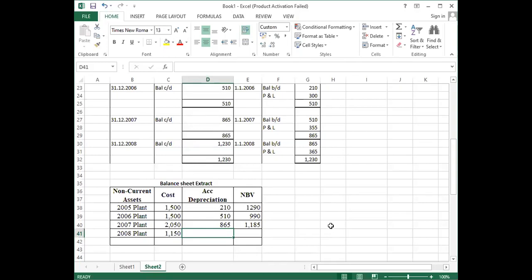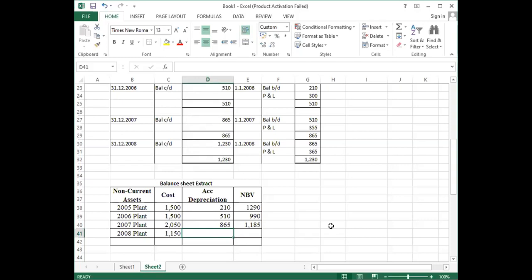Remember, we have disposed a machine. And whatever you are giving us is the accumulated depreciation for all the machines. There is a machine that we have disposed, right?